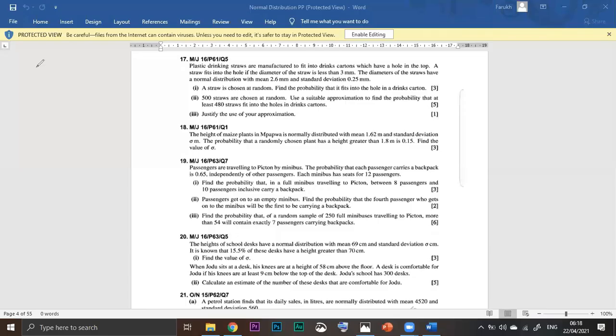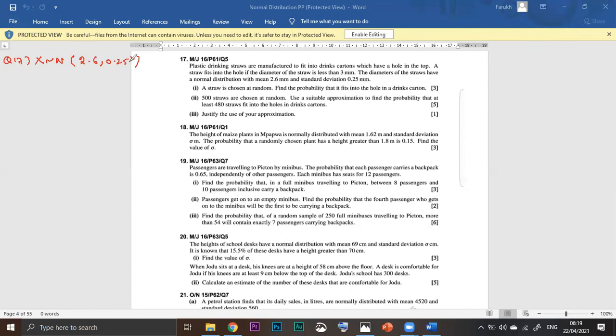Question number 17. A straw fits into the hole if the diameter of the straw is less than 3 meters. The diameters of straws have a normal distribution. X has a normal distribution with 2.6 as the mean, and the standard deviation is 0.25.